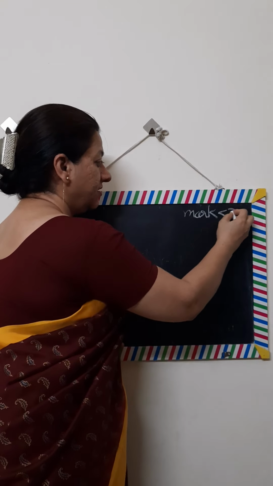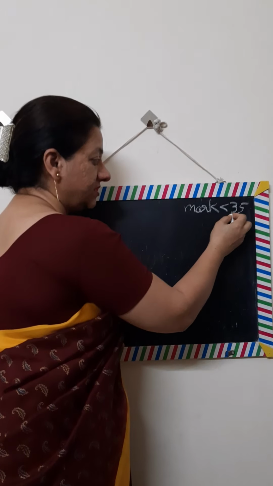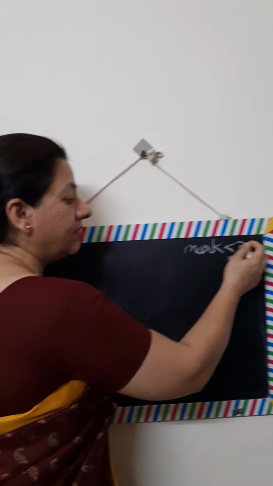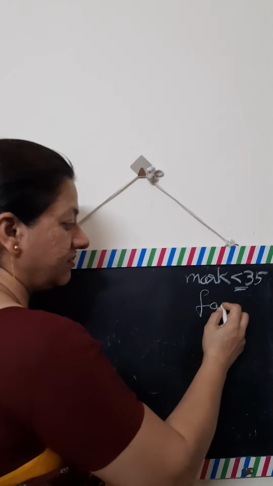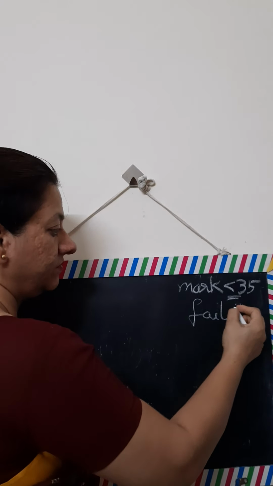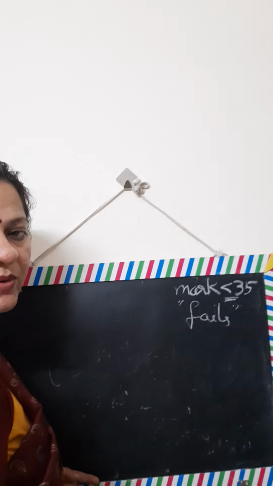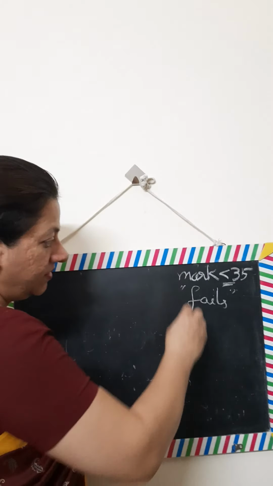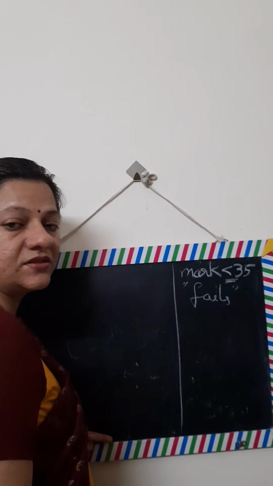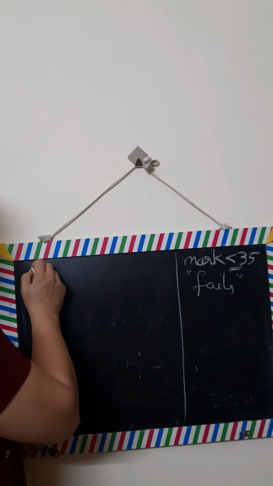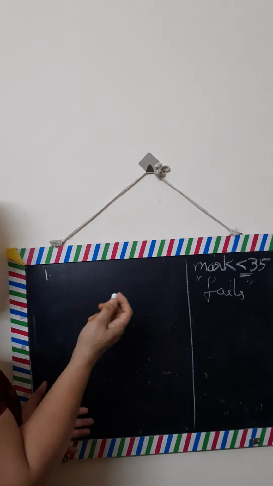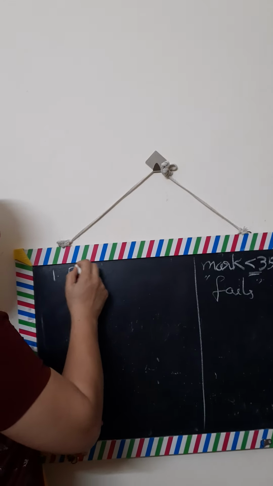Marks is less than 35. This is the symbol less than. Marks is less than 35, a student fails. Everybody knows that. Now how do I write an algorithm for this? Algorithm for this would be something like this. Enter the marks.